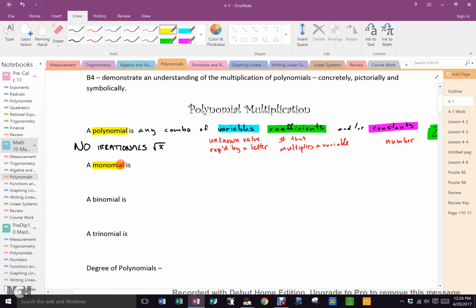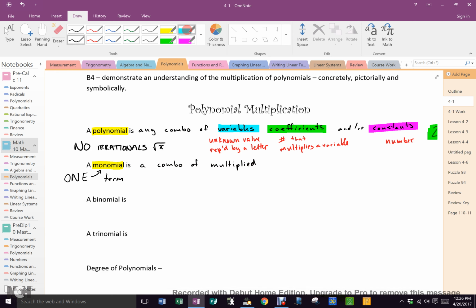All right. Now let's move on to these three words. You need to know what they all mean. A monomial. Mono means one, one term. We'll define what terms are in a minute. A monomial is a combination of multiplied variables or coefficients.